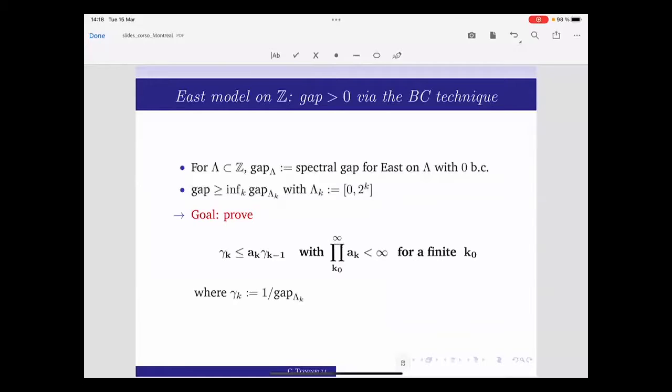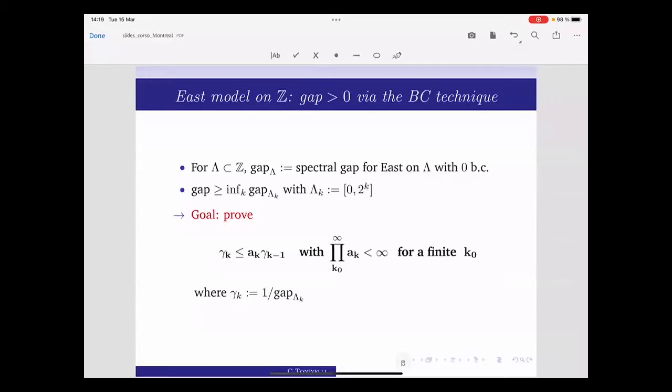What enters in the dynamics for the boundary condition is only the value of the configuration just to the right of the interval, if I want to study the dynamics on a finite interval, because the site to the right of that interval is the only one that enters in the constraint.